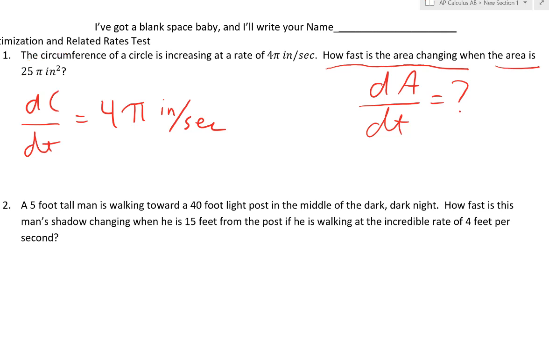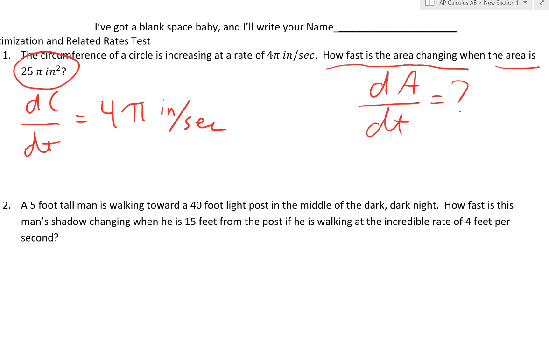So that number right there is not a rate of change. It's a measurement of something. Measurements of things help us find other measurements. Knowing the area in this particular case will help us find the radius if we want to. That in turn will help us find the circumference if we need it to. So you have to separate what we're looking for versus what we're given, and you also have to separate rates of change versus just measurements of things.